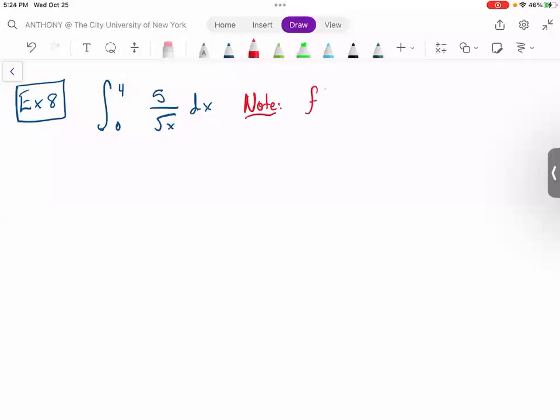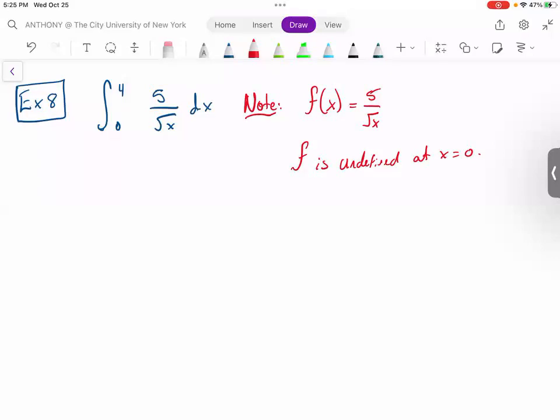Right, so note, if you wrote the integrand, f of x is equal to 5 over the square root of x, this function f is undefined at x equals 0. But if I chose any other value in the region from 0 to 4, can I evaluate the function?